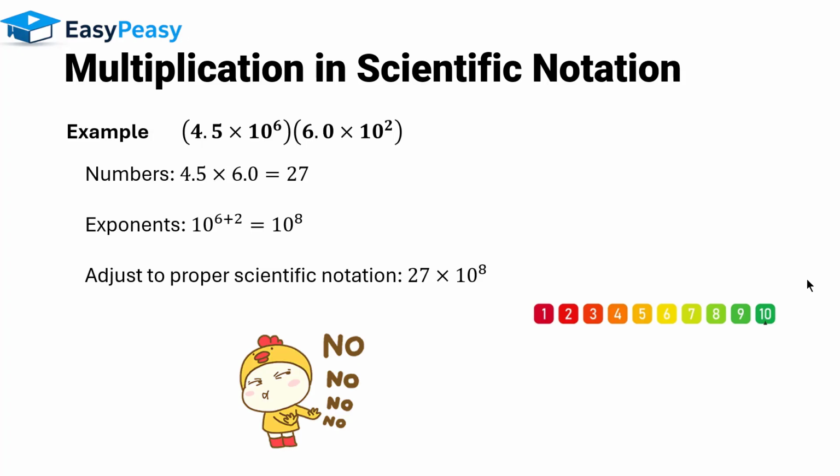We need to put a decimal point after the 2, so the decimal jumps from here to here. It makes it 2.7, and then we add one to the exponent. So it becomes 2.7 times 10 raised to power 9. A little bit tricky, right?